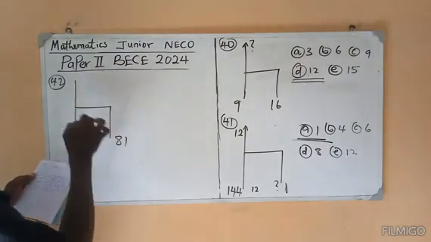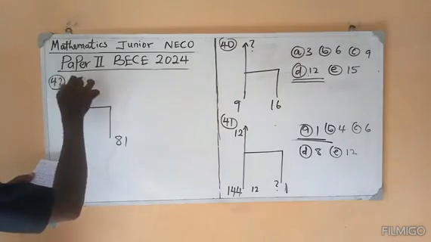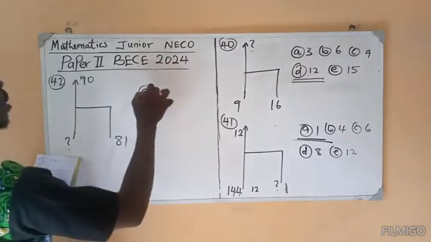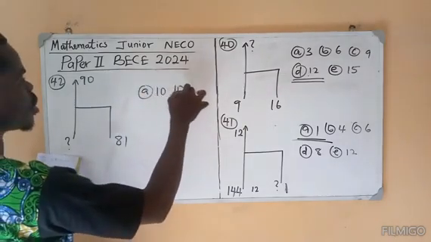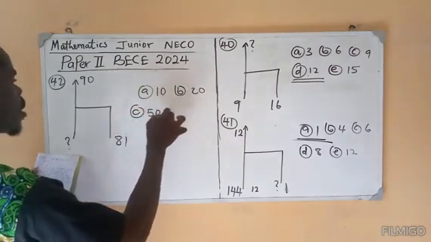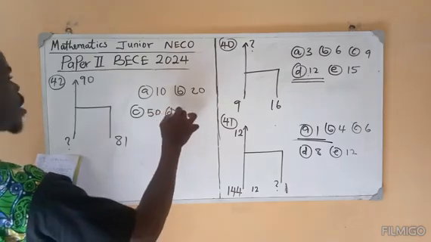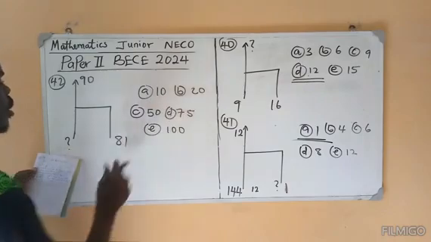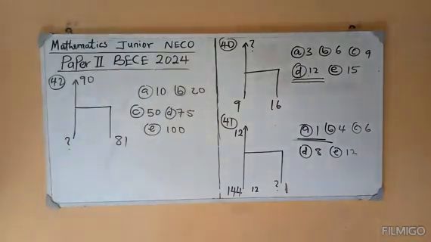Here we have 81, and then here we have 90. The options given are 10, 20, 50, 75, and 100.